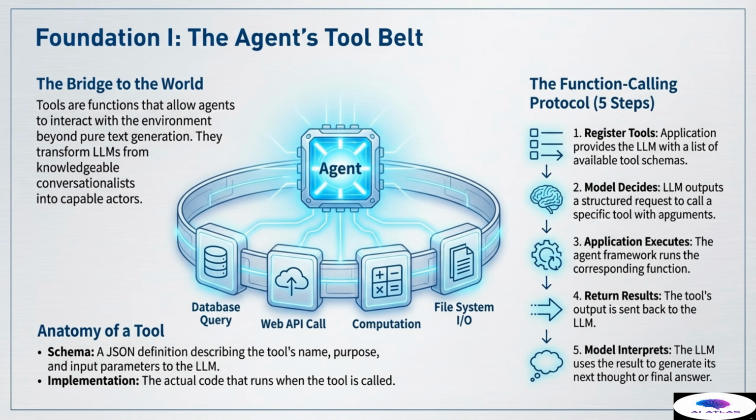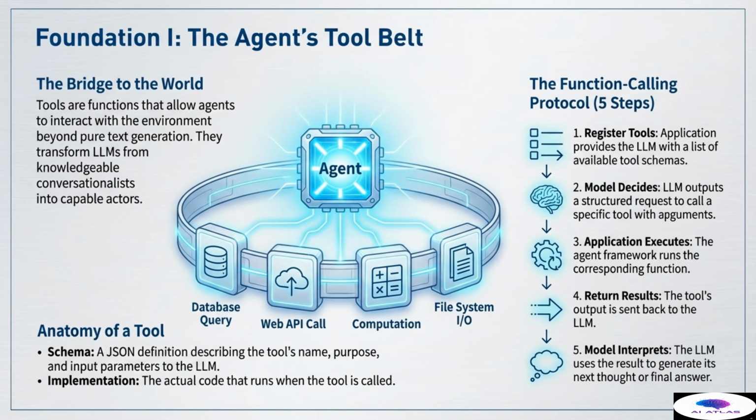Every tool that an agent uses consists of two parts: the schema, which is the JSON definition describing the tool's name, purpose, and required input parameters for the LLM to understand and utilize, and the implementation, which is the actual code that runs when the tool is called. The actual mechanism for utilizing these tools is governed by the function calling protocol, a necessary 5-step process. 1.